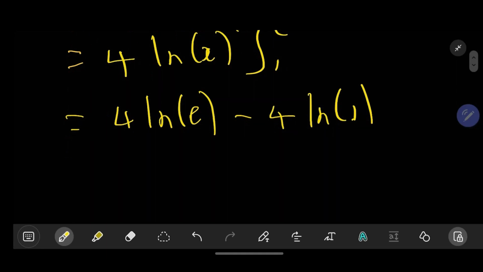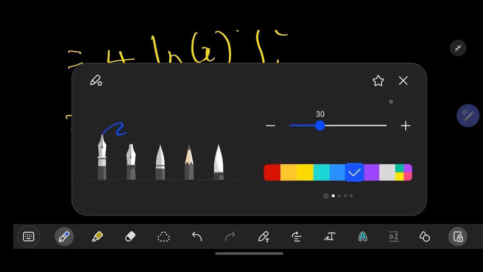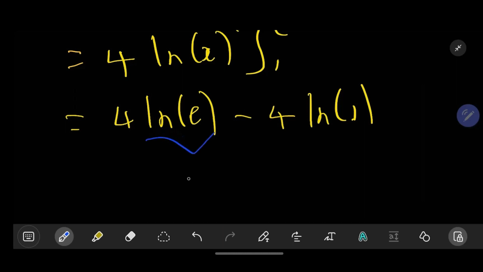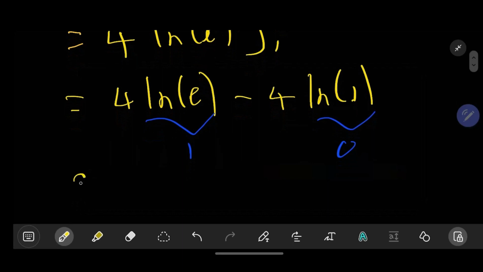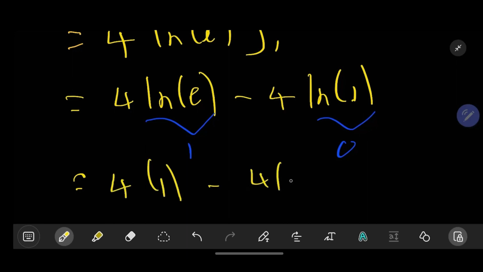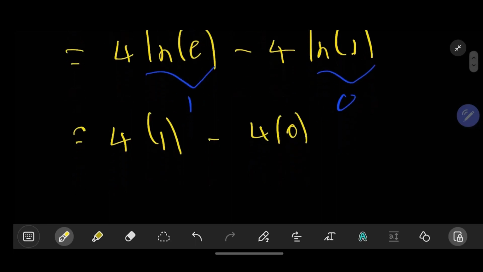We know ln of e is equal to 1 and ln of 1 is 0. This is also explained in my previous video around integrals, as well as my derivatives video where I went in depth explaining this. So we now have 4 times 1 minus 4 times 0, and that's equal to 4. So our final answer is 4.